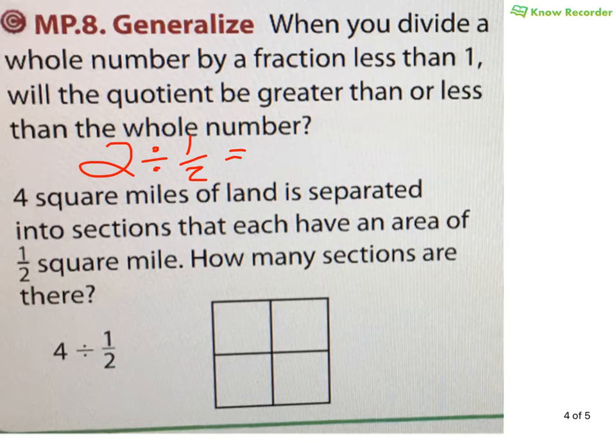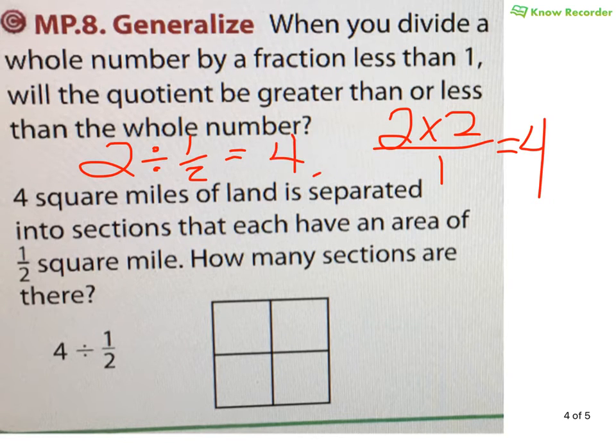Well, when I do this problem, I'm going to do the reciprocal. I would get 4. Now, they want to compare it to the whole number I started with. Well, this 4 is greater than this 2. All right, so I could say that it's greater. Always make sure you compare to the number that they want you to.